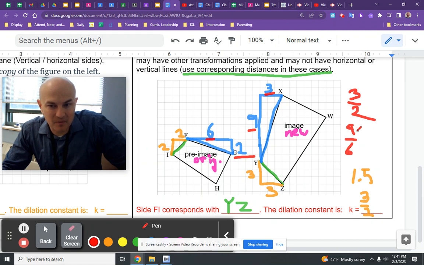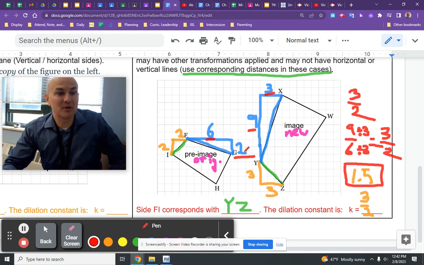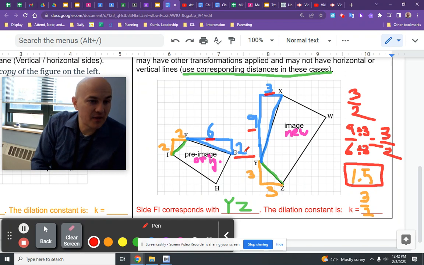I simplify, divide by 3 on top and bottom, and my fraction simplifies down to, lo and behold, 3 over 2. So what we know now is that 3 over 2 is the same as 1.5. So this image is dilated; all the lengths are 1.5 times as big as the pre-image. I think that's pretty cool.